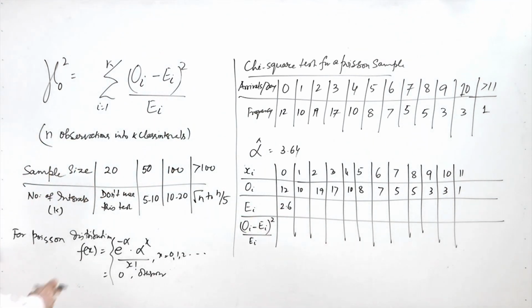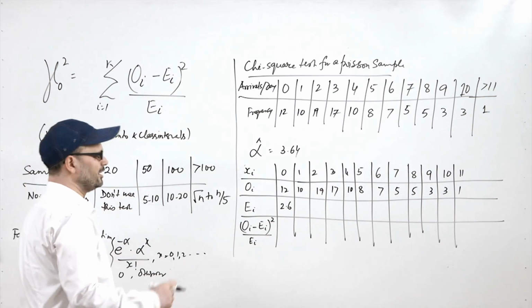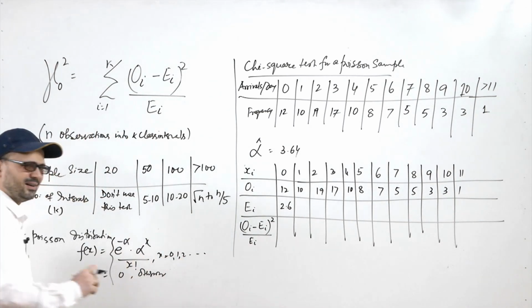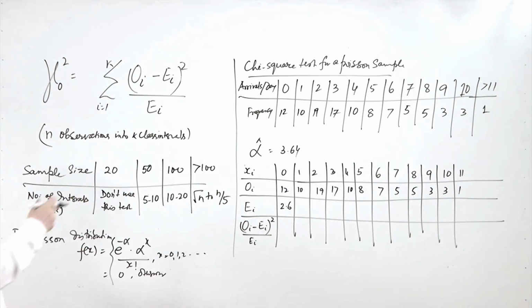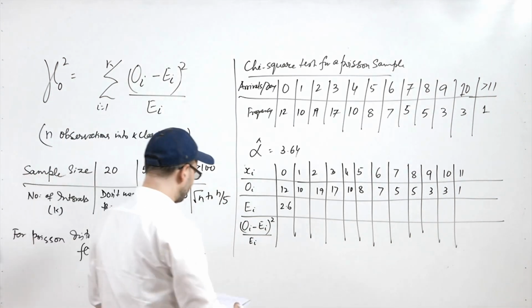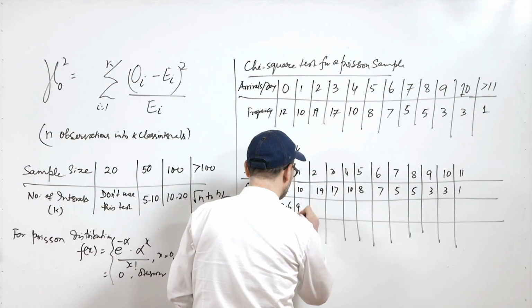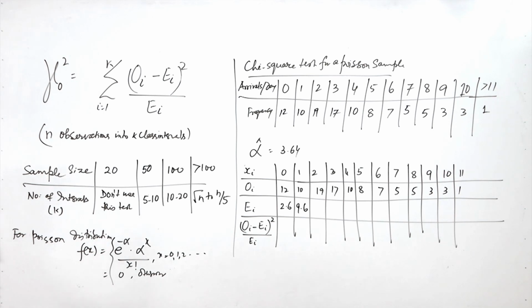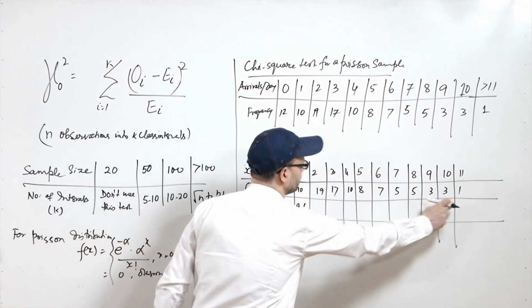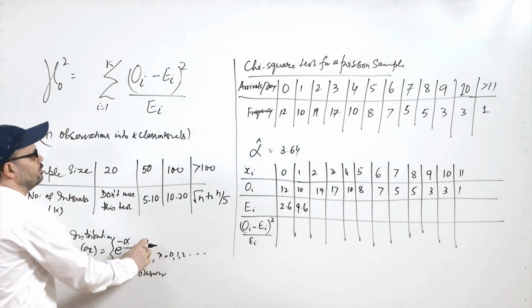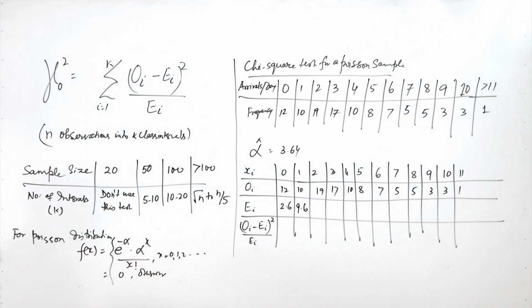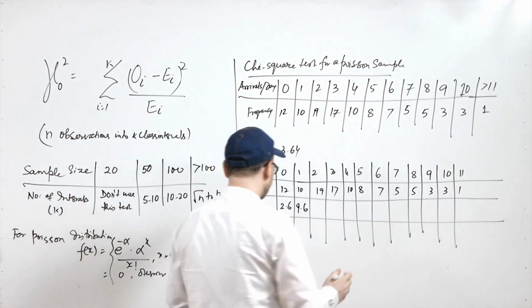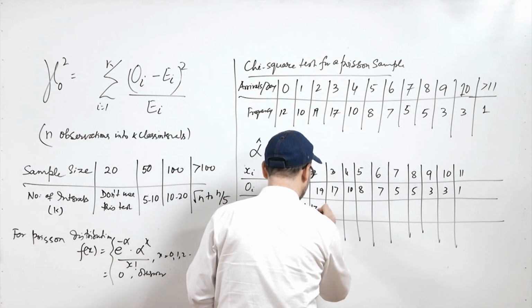Similarly, for 1, what is the expected probability? This will be 9.6. In this way you calculate the probability value for all these values by placing the value of x here and multiplying again by 100. Once you do that calculation you get the values.